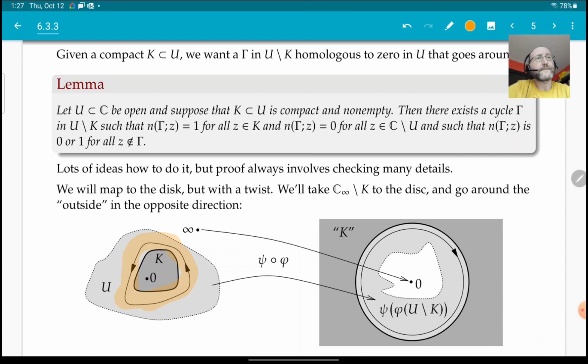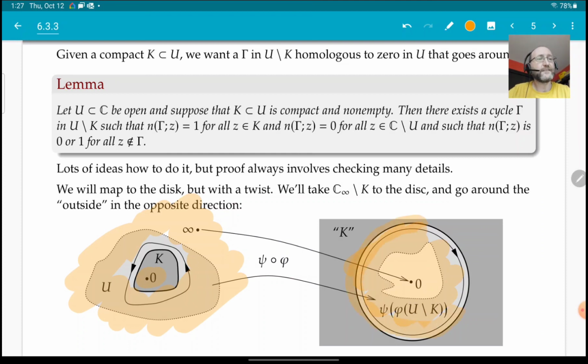Now what we're going to do is take the outside of K, so everything out here except for K, and let's assume that 0 is in K. We're going to take 0 to infinity, and we're going to take the outside of K, including infinity, to the inside of a disk. It's not always possible, but in this picture it would be possible.